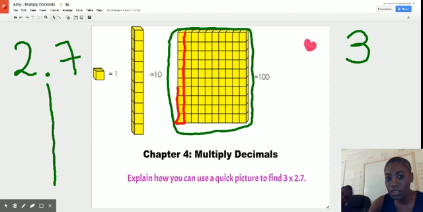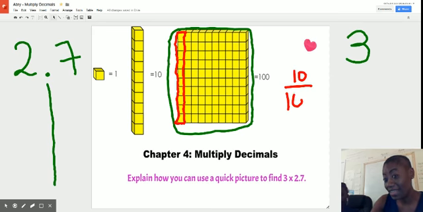This is 1/10. So it's 7 of them. And 1/10 is really what? 10 out of how many? 100. That's right, 100. So we can see that that's really only a part of it, and then it reduces down to 1/10.